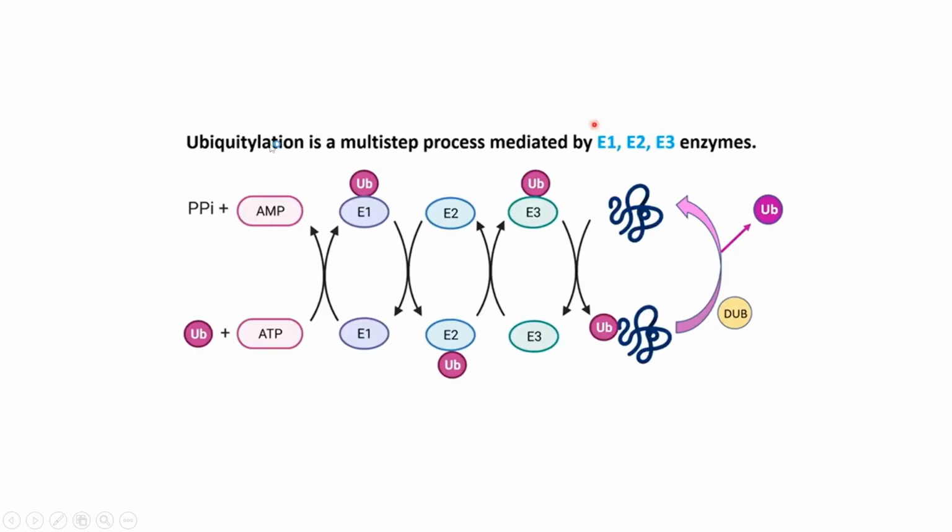E1 is known as ubiquitin activating enzyme, E2 is known as ubiquitin conjugating enzyme, and E3 is ubiquitin ligase.